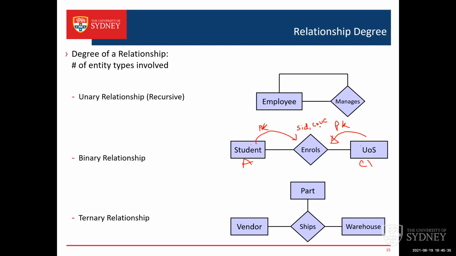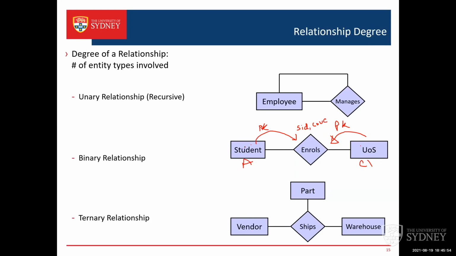If we put these together in the enroll table, we can connect the two tables. From student ID, we can figure out the student's name, address, phone number, email address, everything. From course code, we can identify the credit points of that unit, which semester it has been offered, and who is teaching that course.